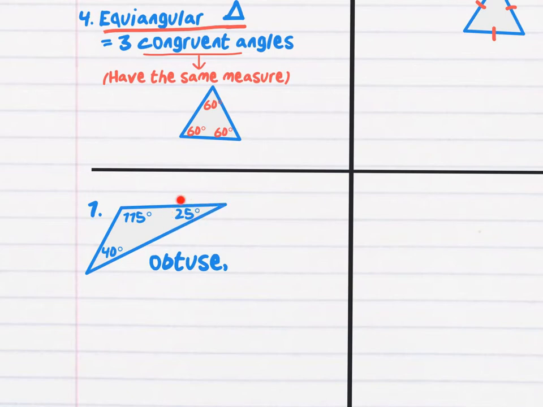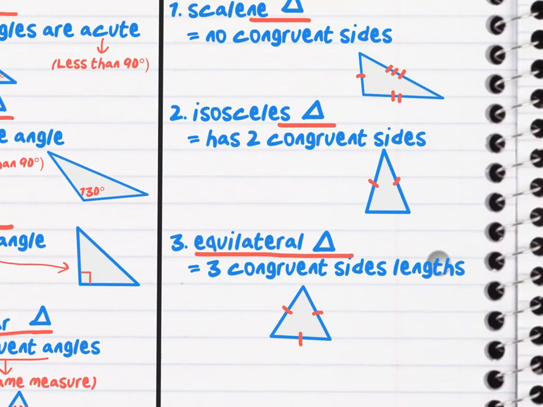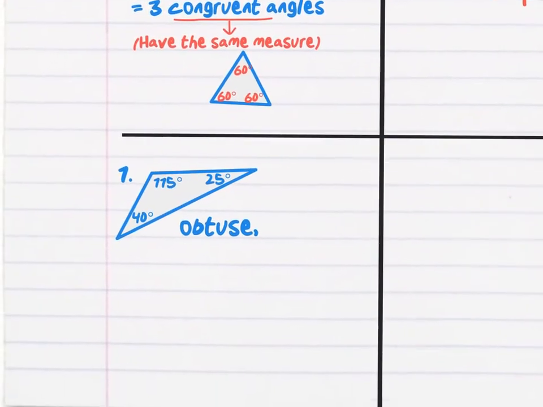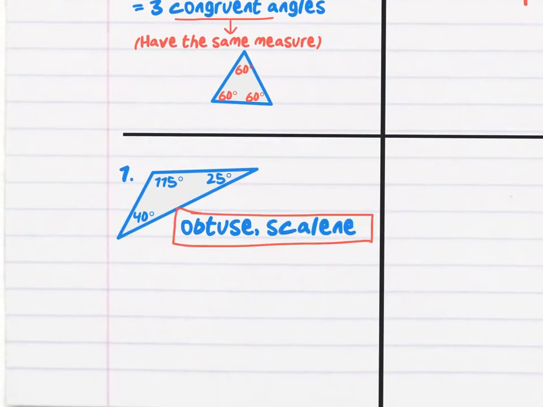And since this is a smaller angle measurement, the opposite side right here is going to be the smallest side. Since these are all 3 different, these are going to be 3 different side lengths. So when you look at your vocabulary words for sides, that means it is a scalene triangle, no congruent sides. So we're going to write that after the word obtuse. Go ahead and write that down and box your answer.